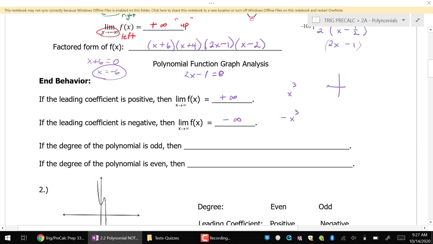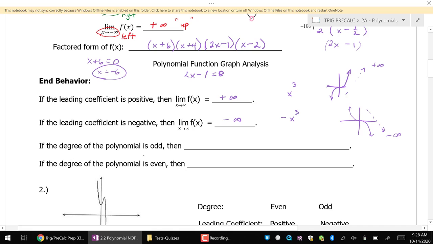X to the third is going to look something like that. Well, actually, it'll be going through the origin. But it's forever climbing toward positive infinity. Negative x to the third will reflect, or flip the graph. So we'll start high and we'll fall down low to the right. So I'm overall falling down to negative infinity.